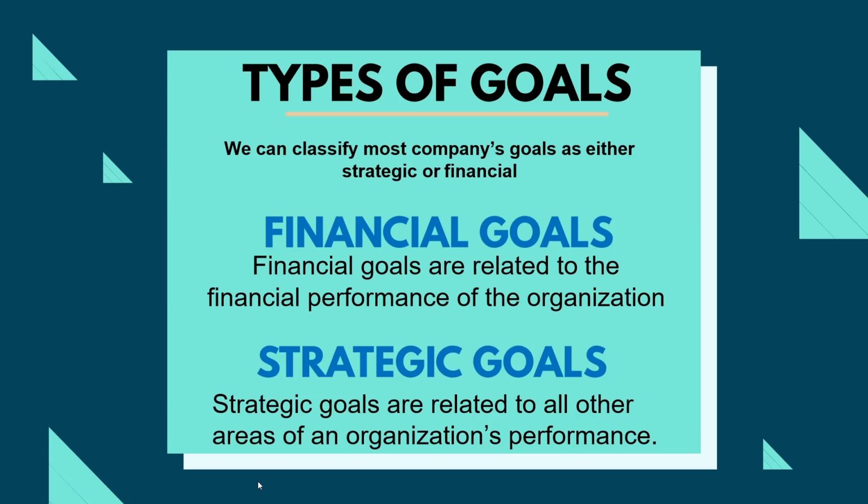Financial goals focus on financial performance of the organization. So, yung mga objective dito are, for example, increasing revenue, cutting costs, boosting profits, so on and so forth. Basta pinag-uusapan dito mga pera.